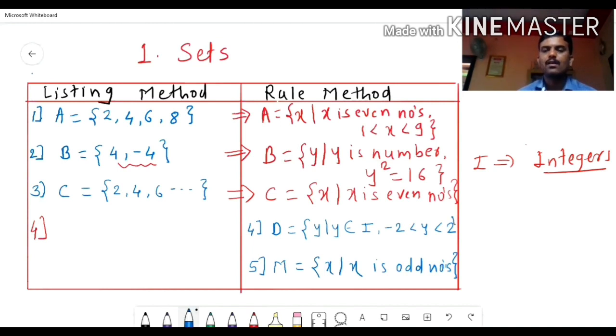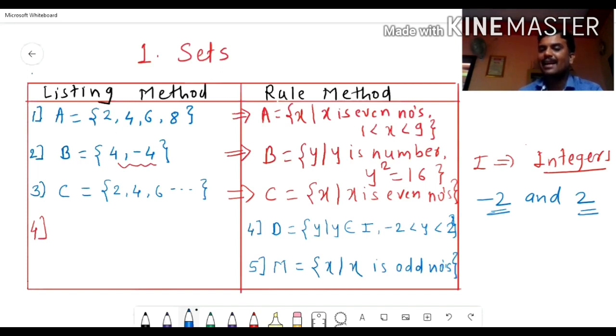The range is y greater than -2 and less than 2, so it is between -2 and 2, not including -2 and 2.